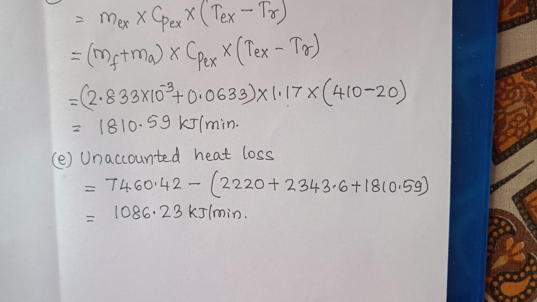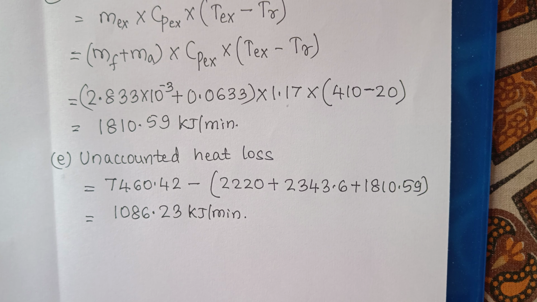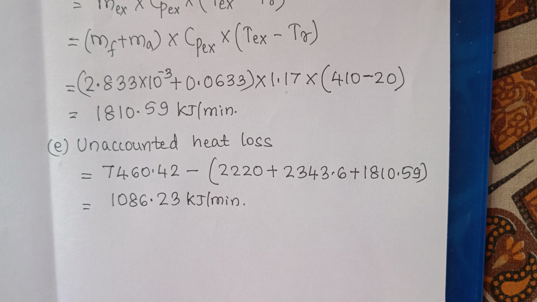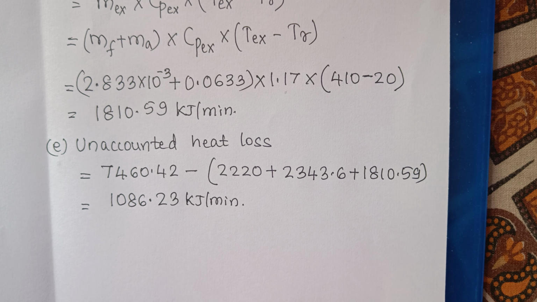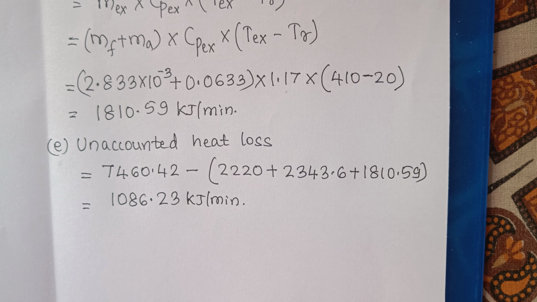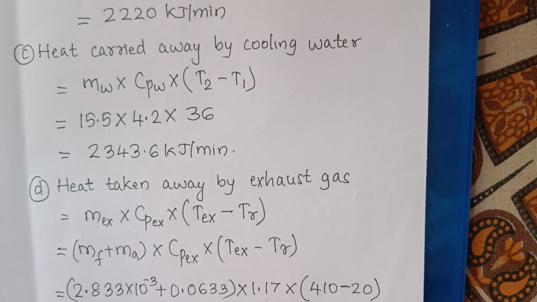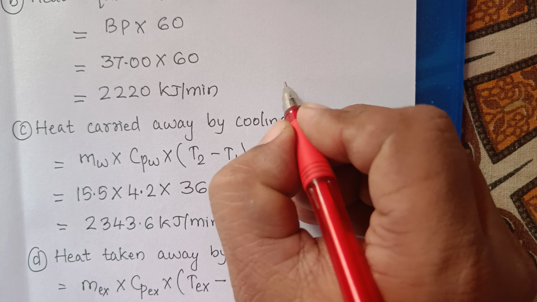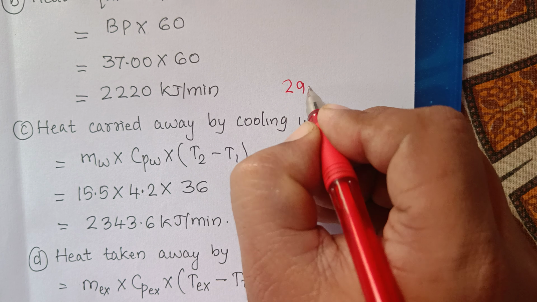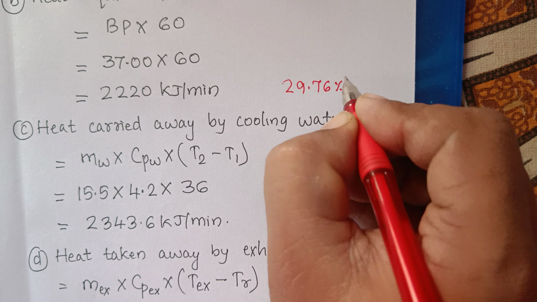Once you find out this value, next you have to plot a table in terms of percentage basis. To plot this table on percentage basis, with the values whatever I have found out, with the red pen I will write the percentage. Heat equivalent to BP, divide this by 7460, which is heat supplied, you will get in terms of percentage, 29.76%.